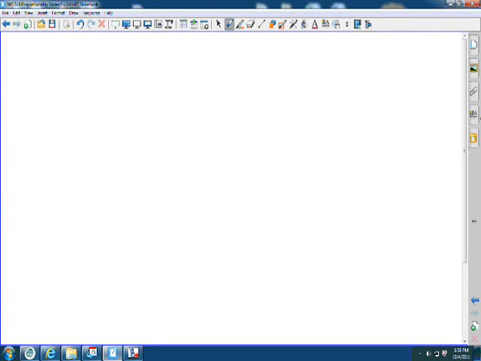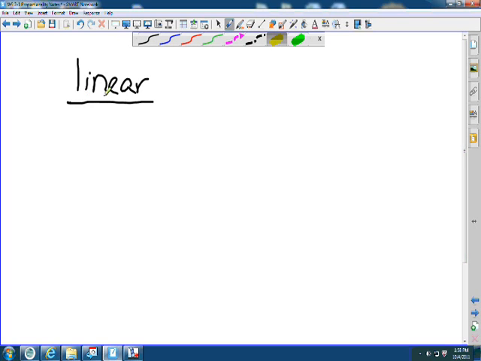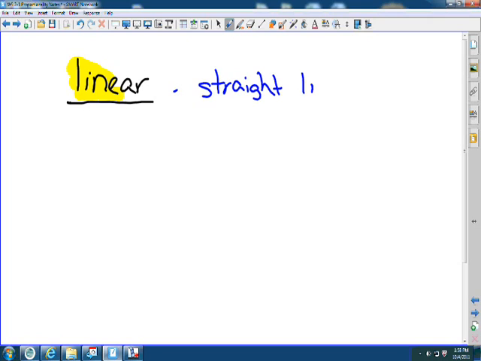So let's talk about this real quick. To be linear, all that means, because this is where people get them confused on the tests and quizzes, it means that it makes a line. It means that it makes a straight line.